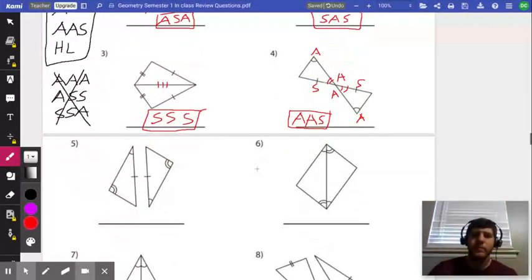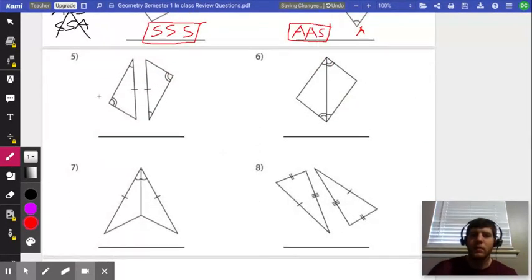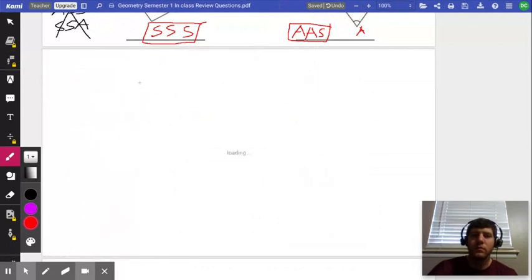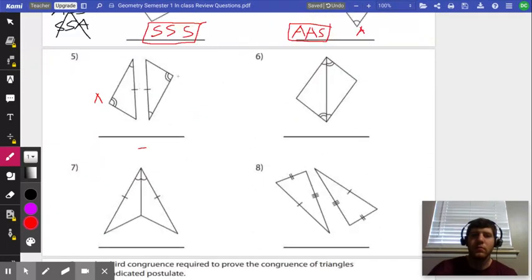Over here, here's a pair of angles. Here's another pair of angles. And then here's a pair of sides. So that's going to be angle, angle, side.